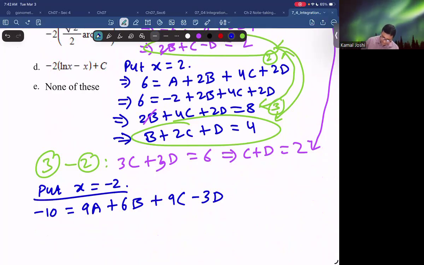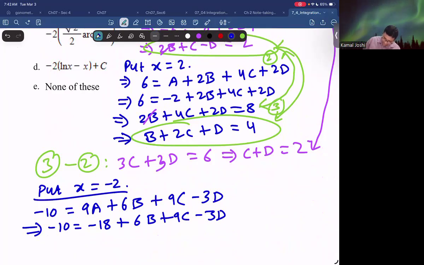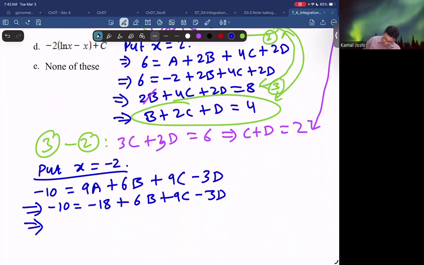Then plug in the value of a, a is minus 2, so minus 18 plus 6b plus 9c minus 3d, and if you add that, 6b plus 9c minus 3d equals 8.